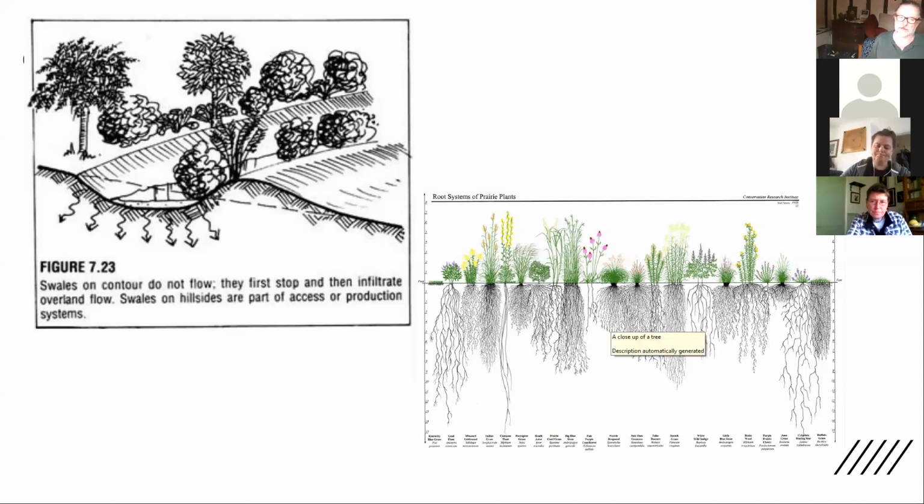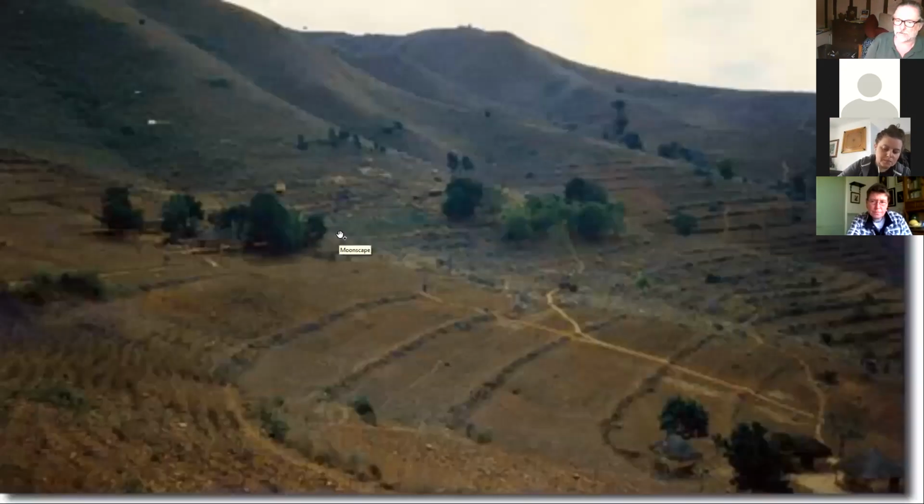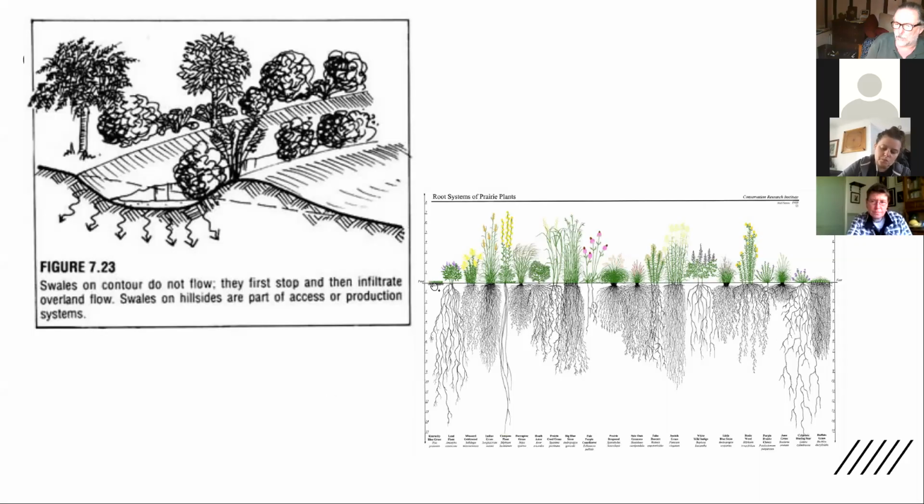This is really, really important stuff. So they created guilds of plants which they could combine together to stabilize their swales. So first we built the ditch and the bank, and then we come along and we put some of these specialist deep-rooted grasses. We talked about these fast-growing nitrogen-fixing shrubs.